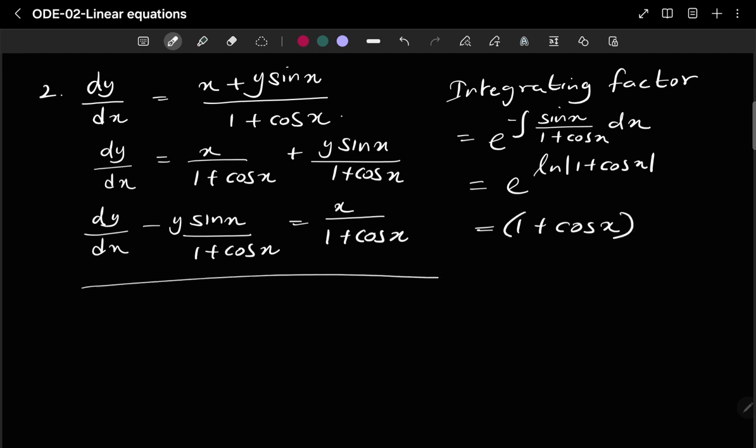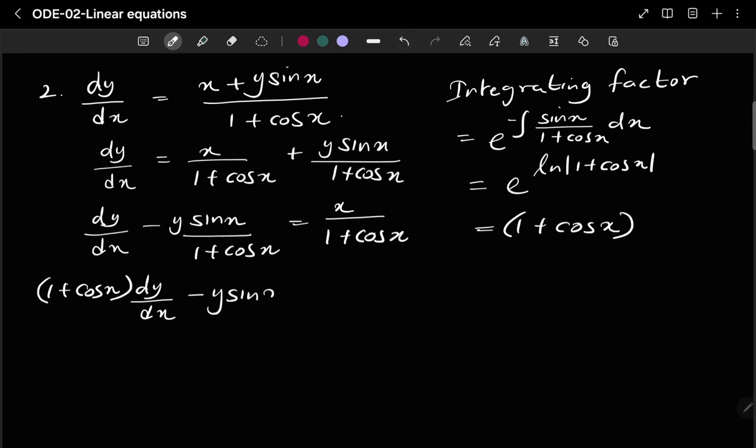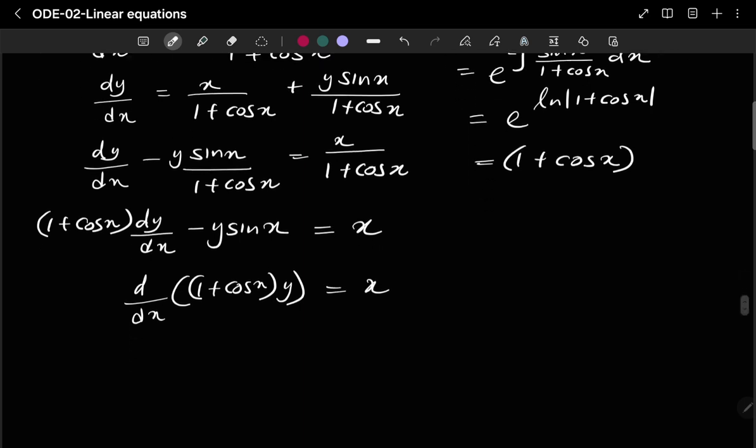Multiplying the whole equation by 1 plus cos x, we get 1 plus cos x dy by dx, and the 1 plus cos x and 1 plus cos x cancel out. Here we have y sin x, and here also 1 plus cos x cancels out, and here we have x. We can see this is the differentiation of 1 plus cos x times y, and here is x.